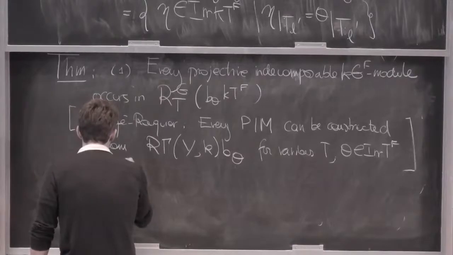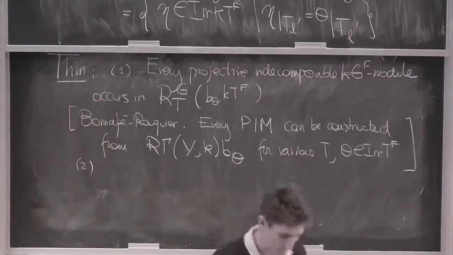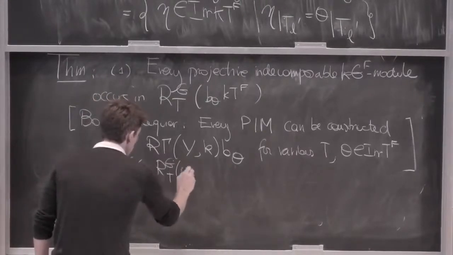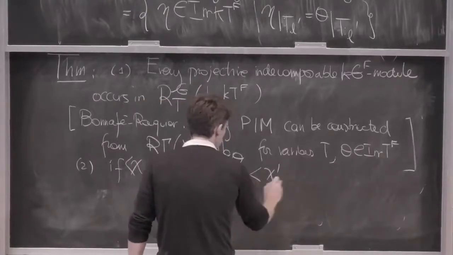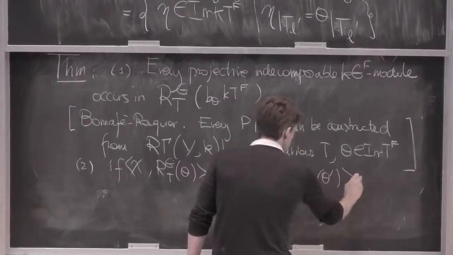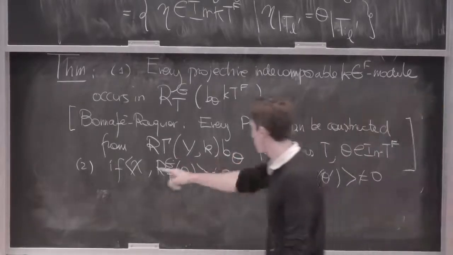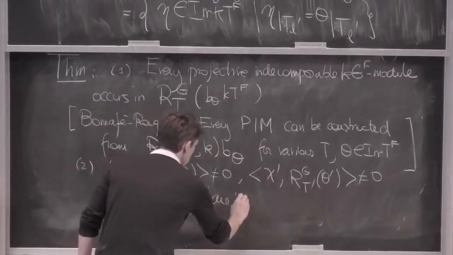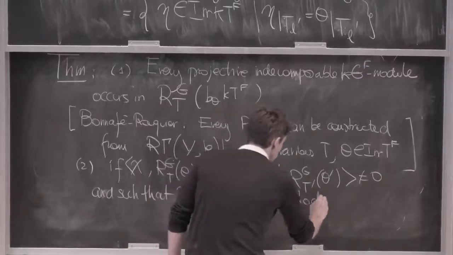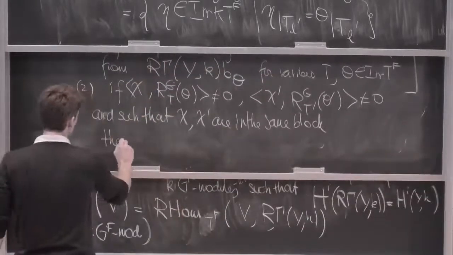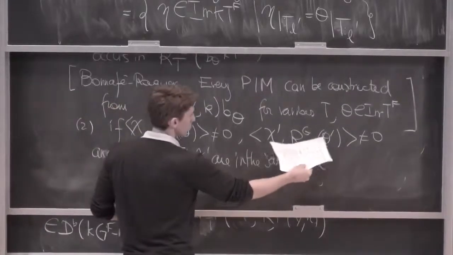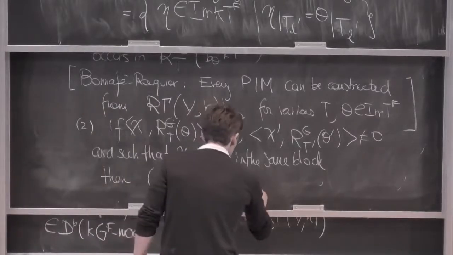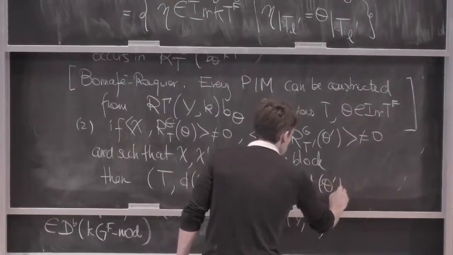But still, if you have two characters chi and chi prime which occur in different Deligne-Lusztig characters, and such that chi and chi prime are in the same block, then this forces not just the pair T, theta to be conjugate to T prime, theta prime, but the pair T with the l'-reduction of theta to be conjugate to the pair T prime with the l'-reduction of theta prime.